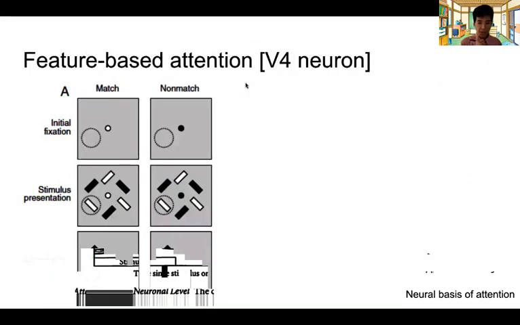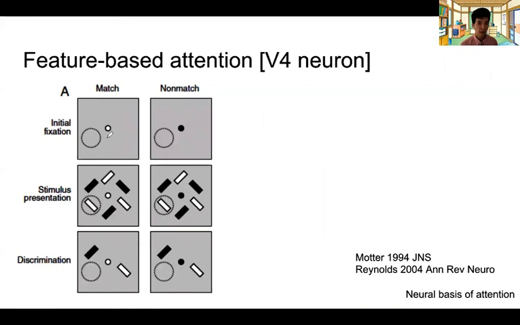And I mentioned in the beginning that there is a class of attention called feature-based attention. In the case of feature-based attention, the task tends to be manipulated by the instruction. For example, here the task instruction is indicated by the color of the fixation cross, either white or black. Your task is to report the orientation of the color that matches this central fixation.